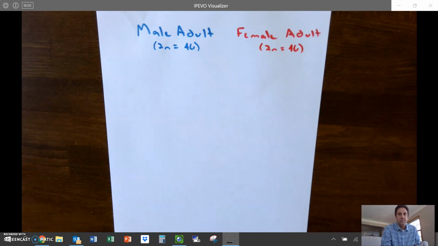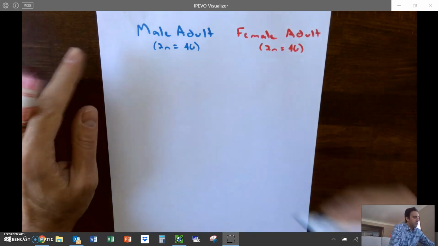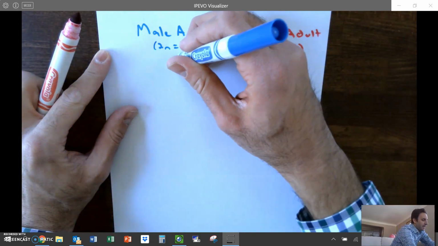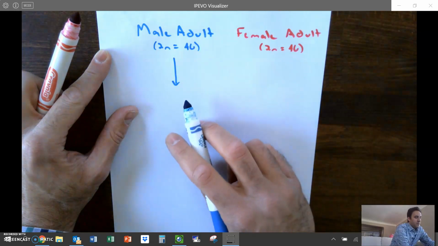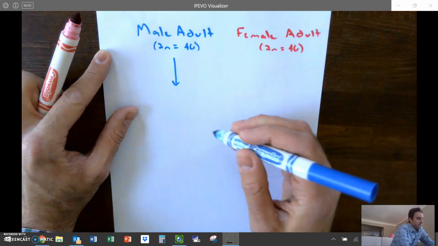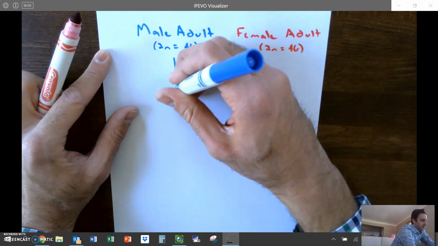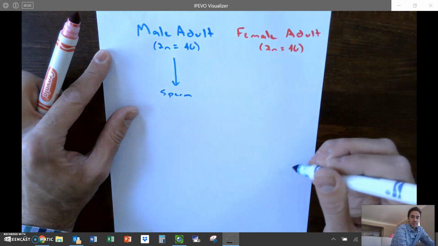Now, there are going to be a small number of cells, however, in that male. It's really not a small number, but a small subset, I guess, relative to the rest. Some of the cells in that male are going to be undergoing a process called meiosis. And in that process, those adult diploid cells are going to end up making the gametes. And in this case, the gamete is the sperm cells.